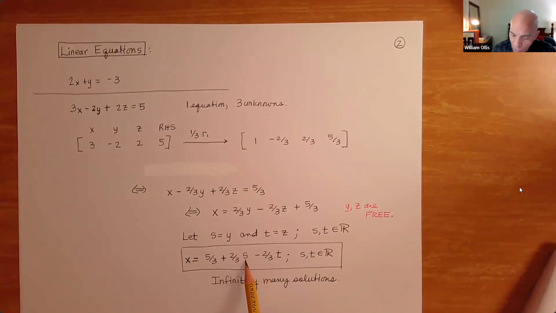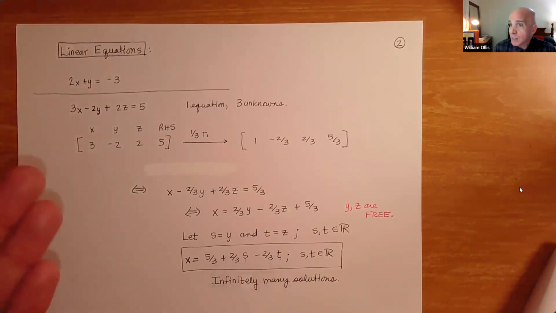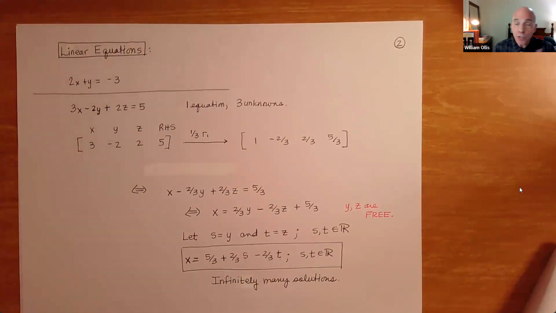Say S is equal to 1 and T equal to 0. So then you get 5/3 plus 2/3, and that gives you 7/3. So for different values of S and T, you're going to get another value for X. And when you get that, that means you can generate as many values as you like.